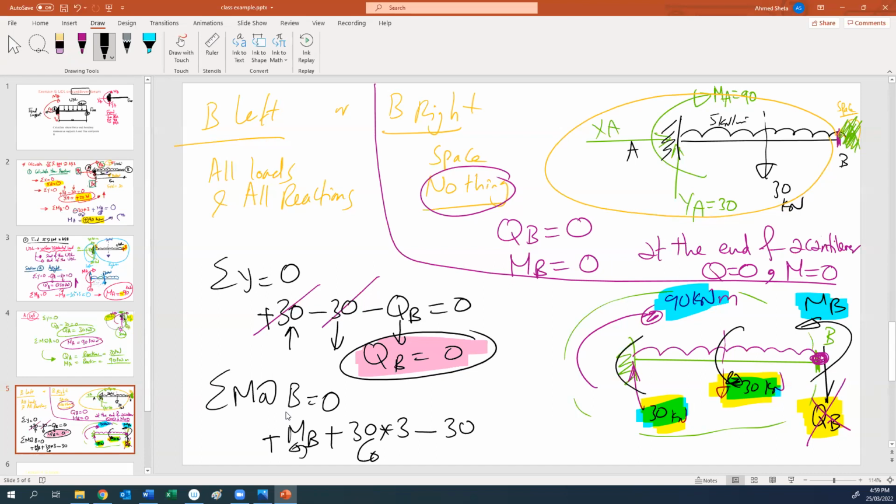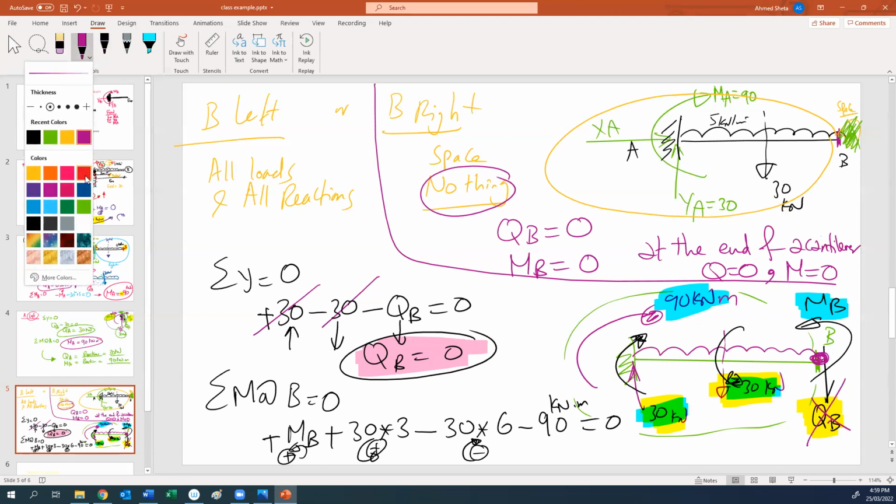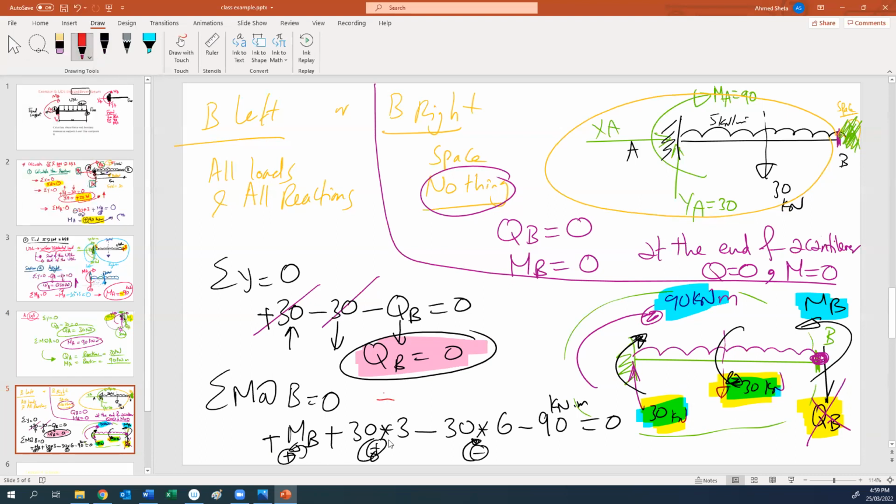This 30 is rotating clockwise, so negative, multiplied by 6. What else? 90 kilonewton meter is clockwise as well. All of this should be 0. Here you will find this is plus 90, this is negative 180, so you have something wrong here.